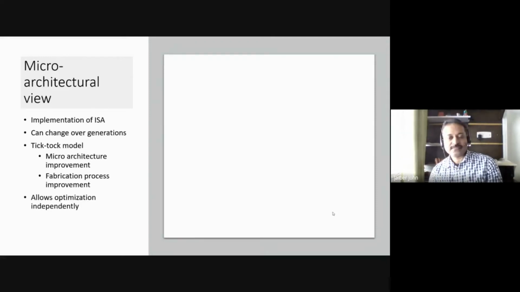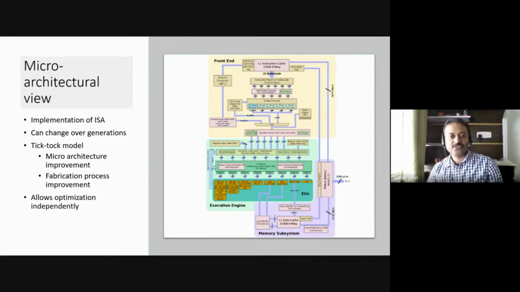That's because beneath the ISA, there is what you see in the right-hand picture. The way of implementing an ISA is the microarchitecture. You might have seen a very high-level logical diagram with a CPU, a cache, and memory, but that's not how it is actually implemented. If you zoom into each block, it's a very complex piece of hardware, with so many components involved.